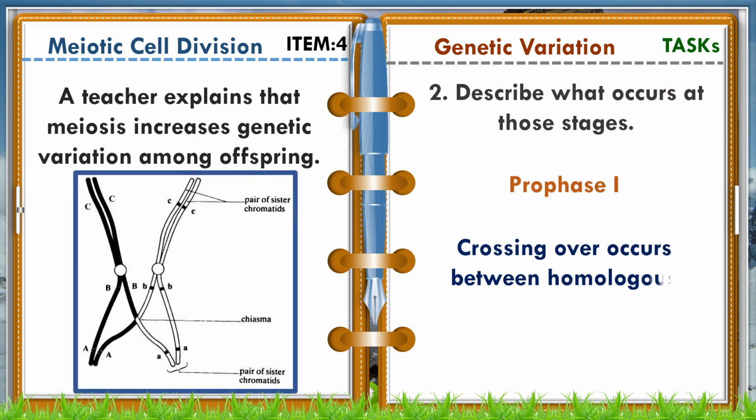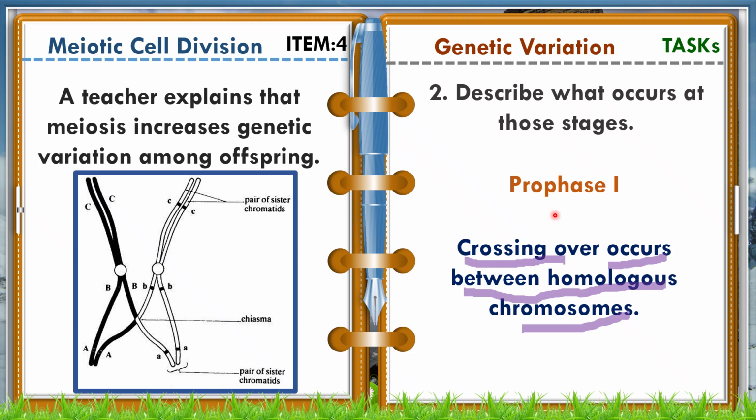We start with prophase 1. In prophase 1, there is what we call crossing over happening between two homologous chromosomes. So what happens in prophase 1? Remember, we said that in prophase 1, homologous chromosomes align themselves together.